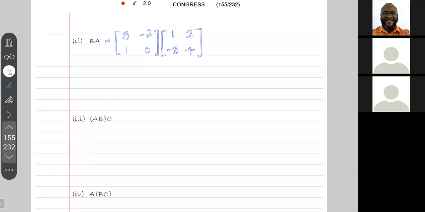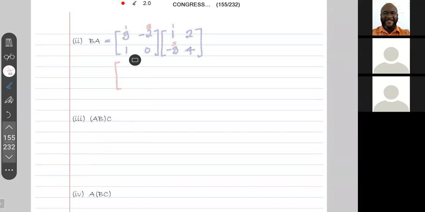All right, so we're going to multiply these two matrices. Guys, whenever you're multiplying two matrices, you multiply the rows of the first matrix by the columns in the second matrix. First element in the row, second element in the row. First element in the column, second element in the column.